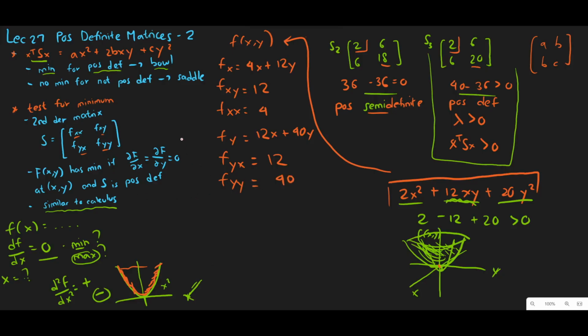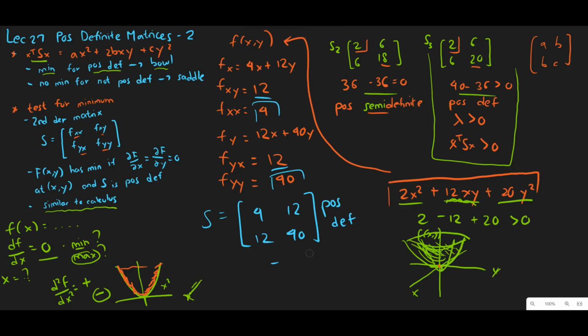So if you put these numbers in the matrix, we have 4, 12, 12, 40. And we see quickly from the determinant test that 4 times 40 minus 12 squared, which is 160 minus 144, is completely positive, and this is positive definite, obviously.